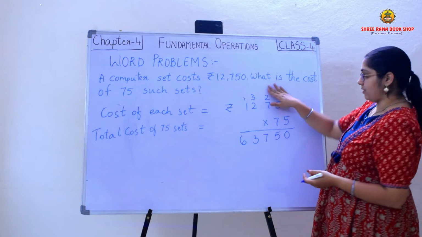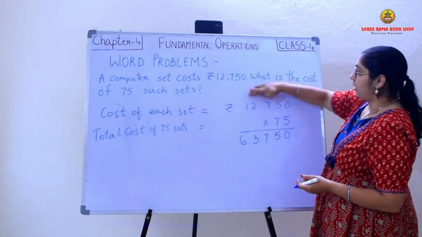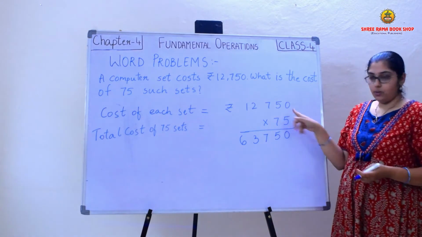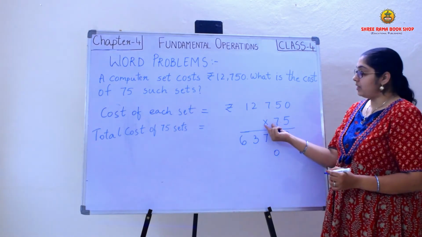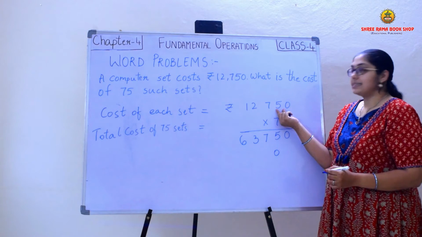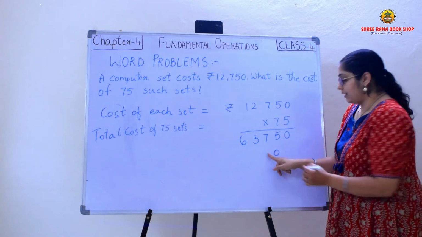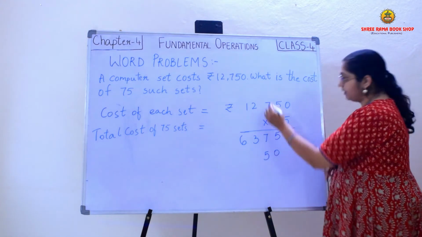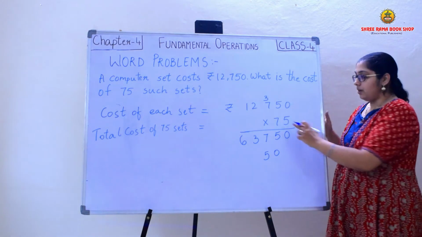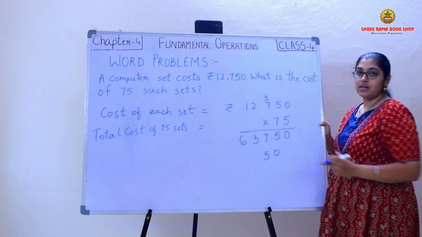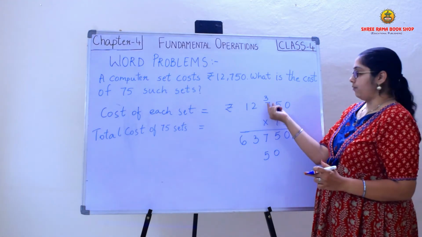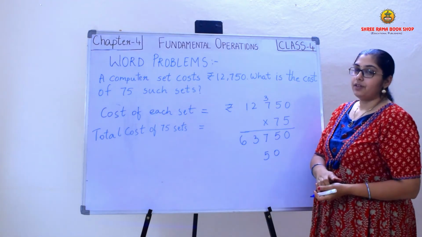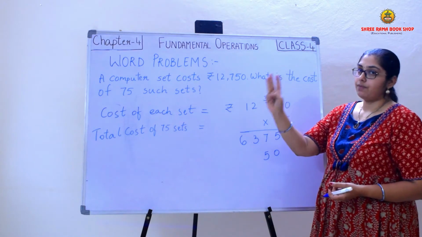It is 7. So I will be multiplying 7 into 0, which is 0. Right? And 7 into 5 is 35. So I will write 5 over here and 3 over here. Now 7 into 7 is how much? 49. Right? 7 sevens are 49. 49 plus 3, after 49, 50, 51, 52.